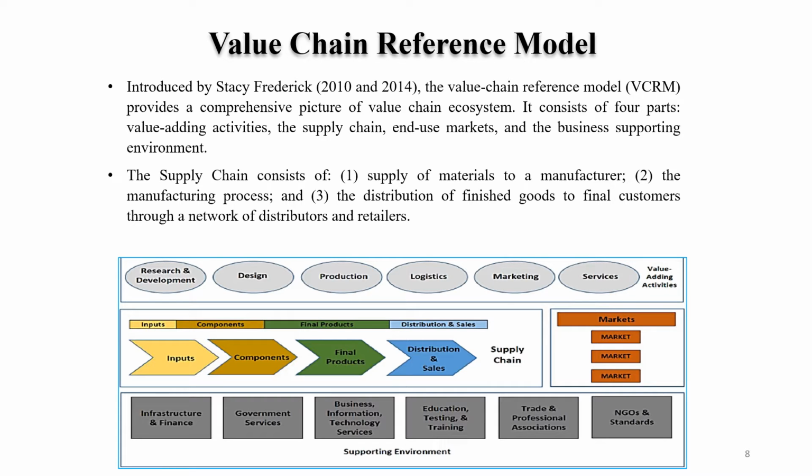Further, if we try to segregate the supply chain and the value chain, this picture is going to give us a better understanding. Production logistics are mostly under the supply chain part, but the value chain starts much before the production process, like R&D, design, product planning.